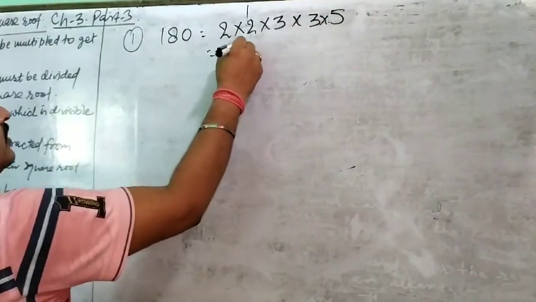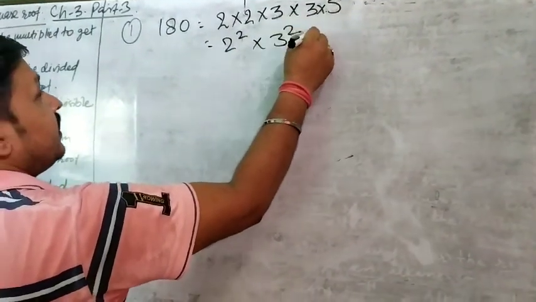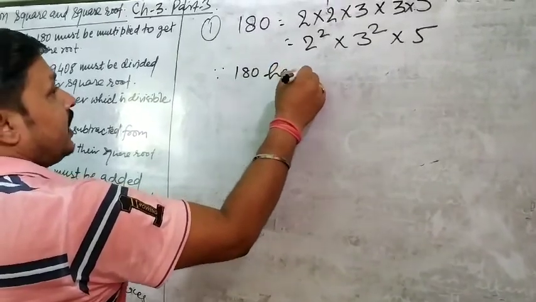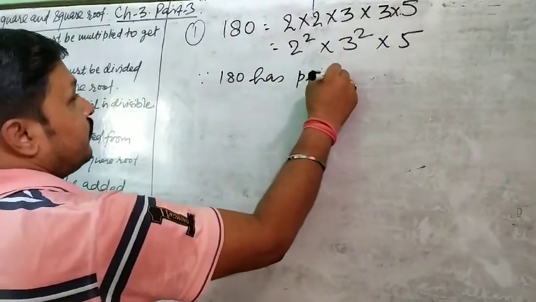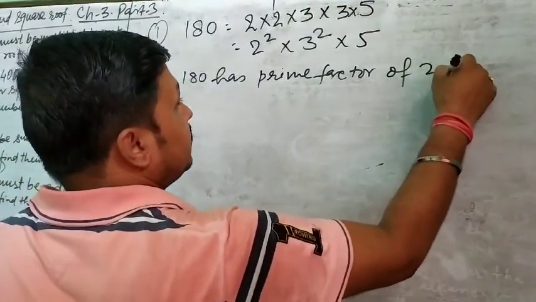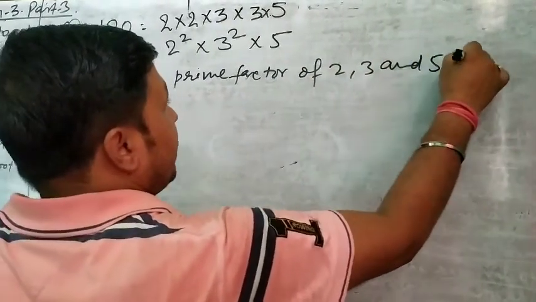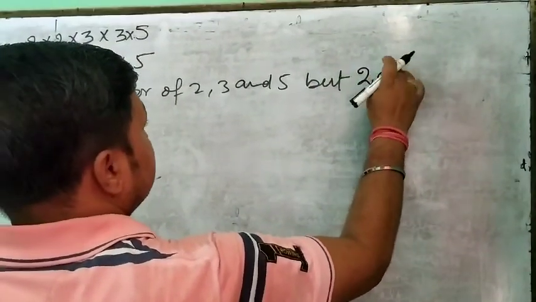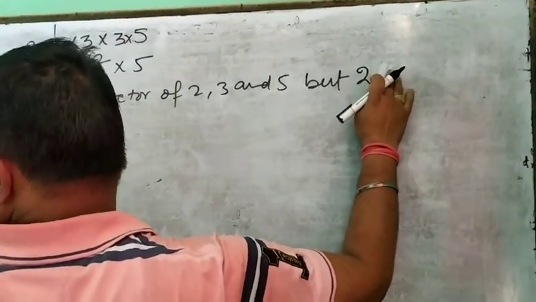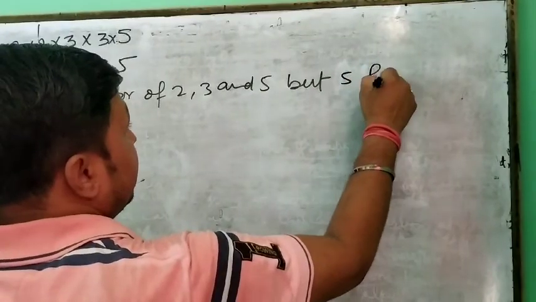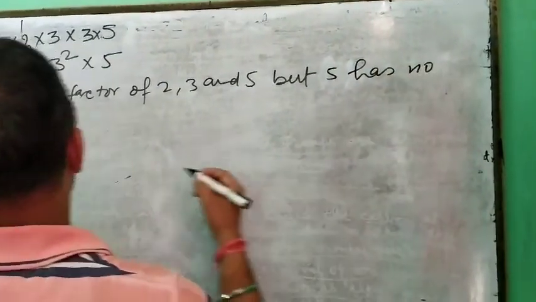So it has a pair of 2s and a pair of 3s. 180 has prime factors of 2, 3 and 5, but 5 has no pair.